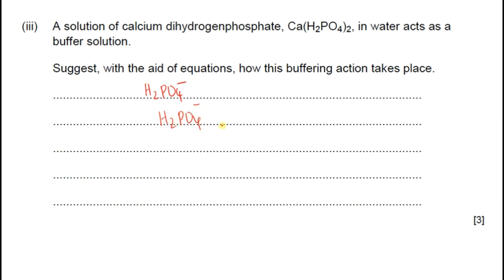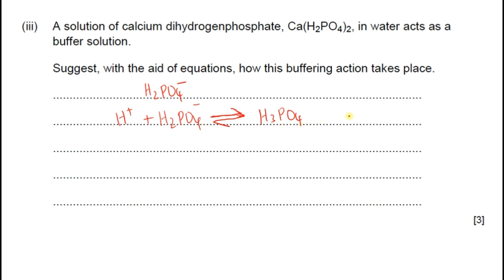All you have to do is make that into a buffer equation, right? So this, when you add a H plus ion, becomes H3PO4. Oh, I should use an equilibrium, reversible symbol there, right? Like that. Okay, H3PO4. That's it.